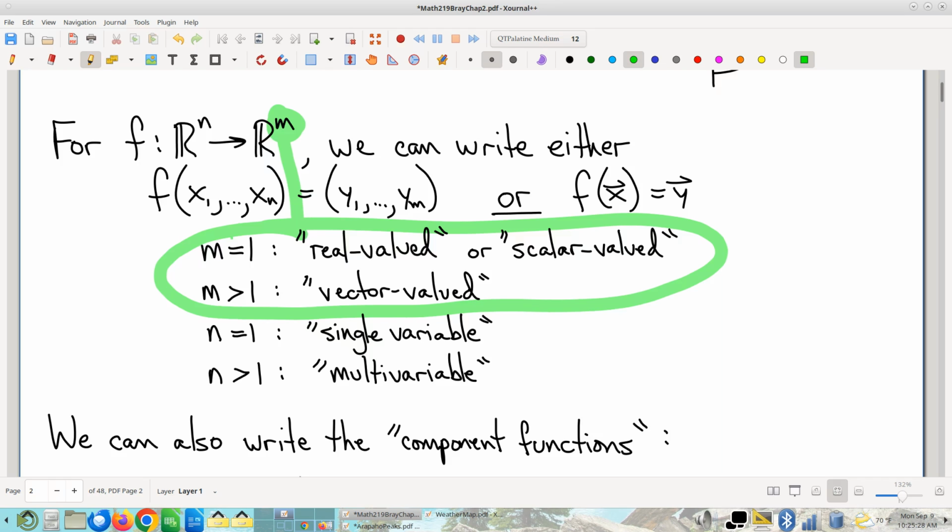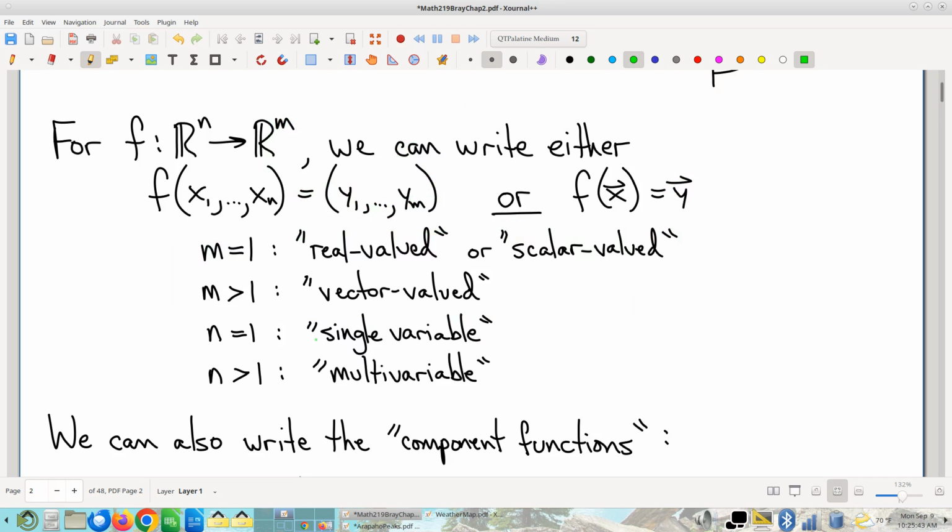The idea of vector valued being that when you have several outputs, another way to say that is that your output is a vector with several coordinates. Okay, so that's just a little bit of terminology.